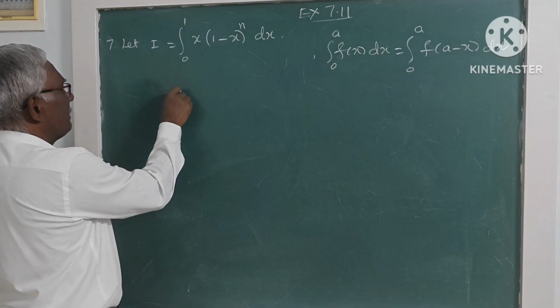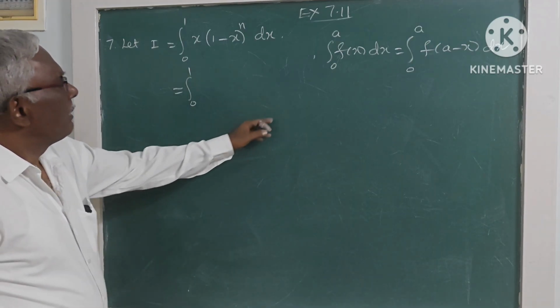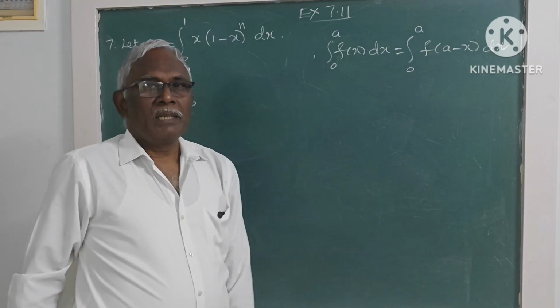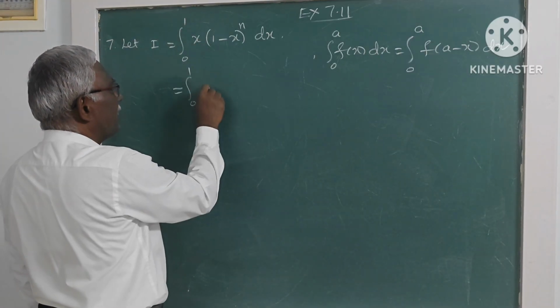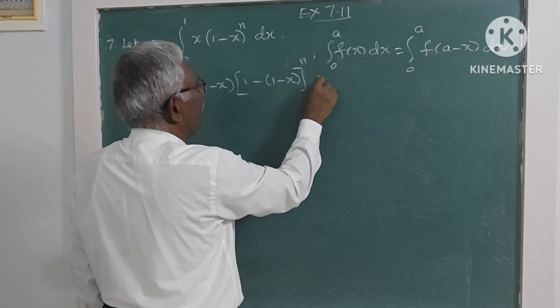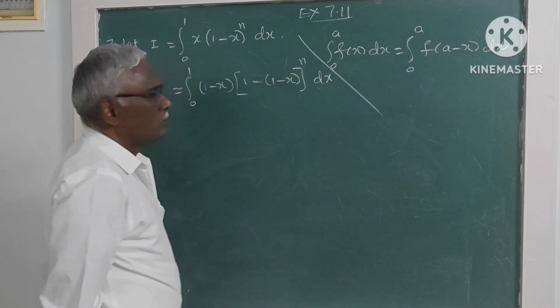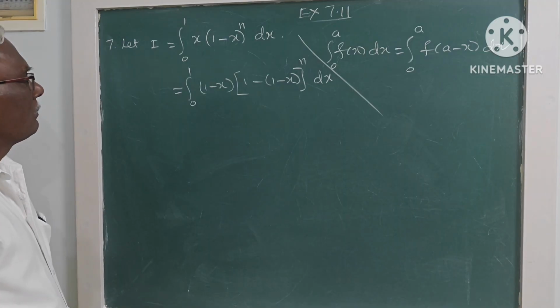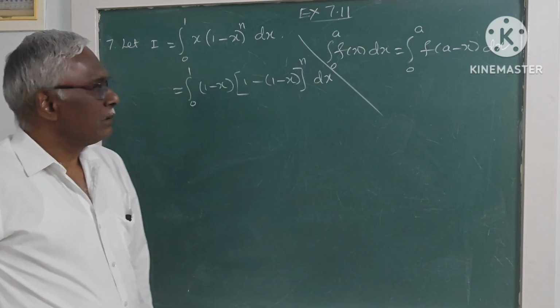Then we can write this as 0 to 1, replacing x by a minus x, a is 1 here, so that is 1 minus x, then dx. 1 minus x is replaced by 1 minus x.